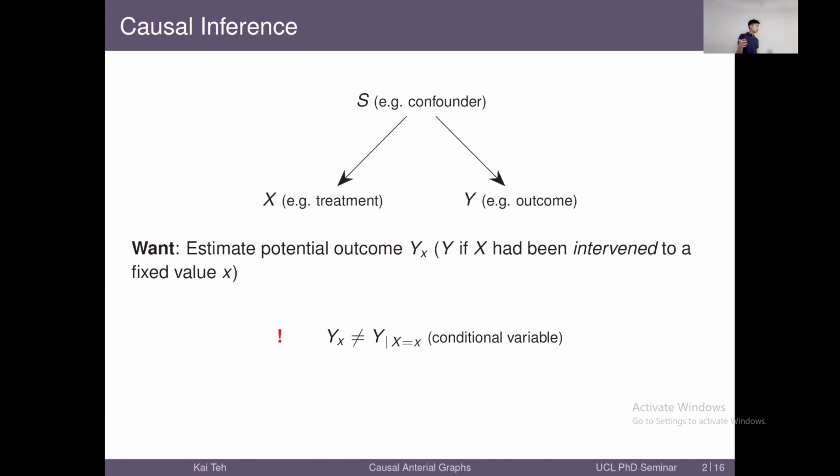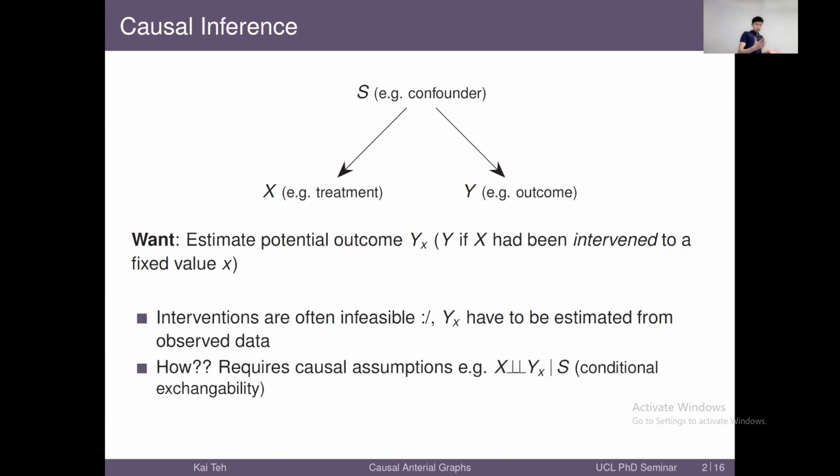It's not the same as just conditioning on X. For example, in this case, Y_x is the same as Y, but this one is not the same as Y. But the main takeaway is that these two quantities are not the same. That's why we need different methodologies to tackle that. That's where causal inference comes in.